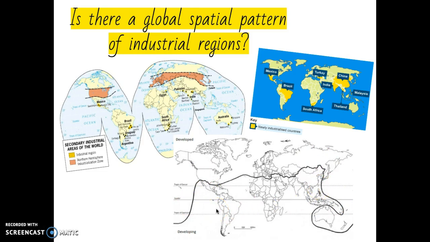This was created by Willy Brandt in the 1980s, and it really is used to look at the north-south divide in development. Notice that the three major regions of industry that we just discussed are all in this northern hemisphere industrial zone, which is, again, represented by this Brandt line.